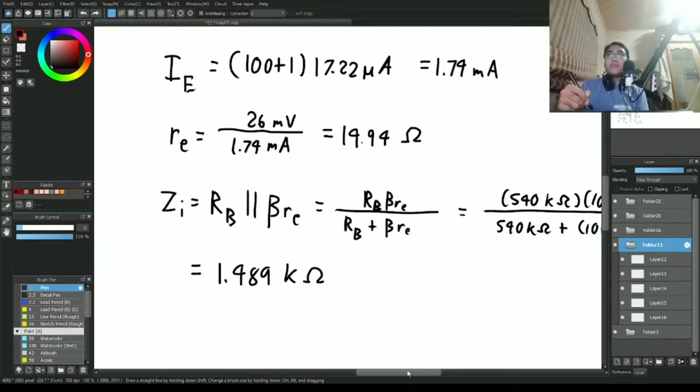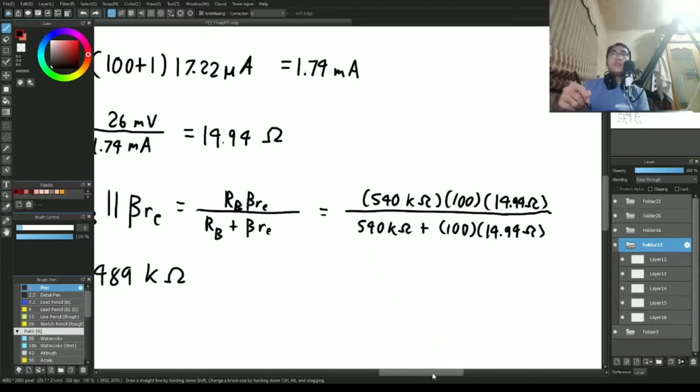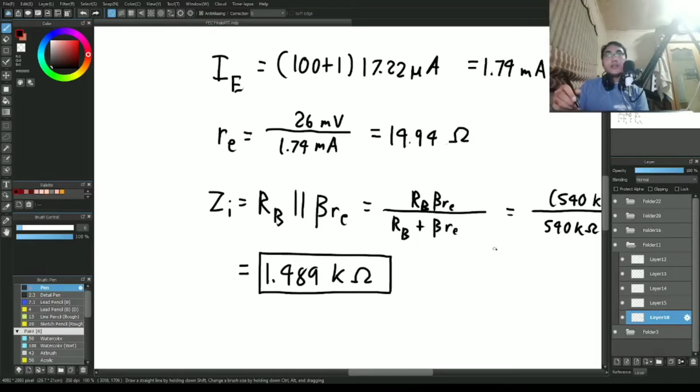We just substitute the values: 540, 100, 19.94. And then we get 1.489 kilo ohms. That is our input impedance.